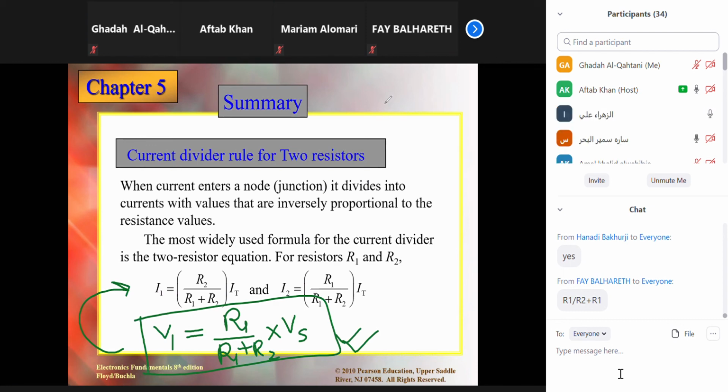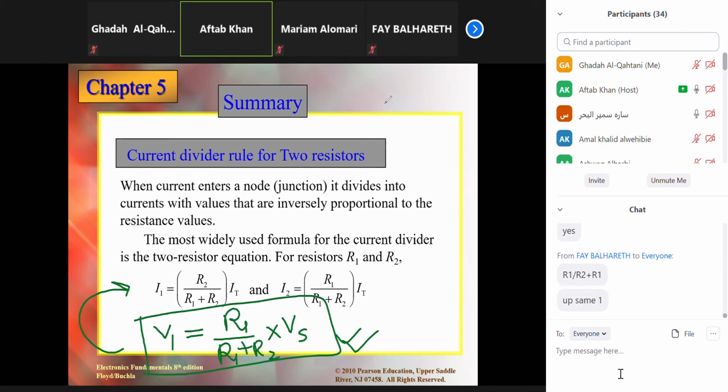In I1, the numerator is R2. But in V1, the numerator is R1 when it is V1. Correct. So this is the change. So if you know this one, current is going to be exactly the same, except that this is I1, here we will be using R2.